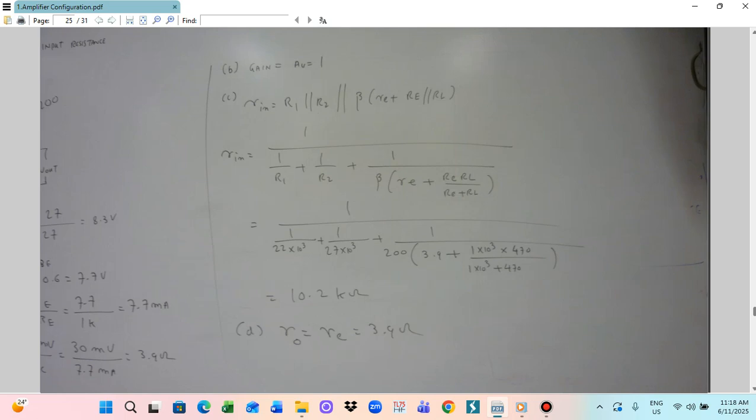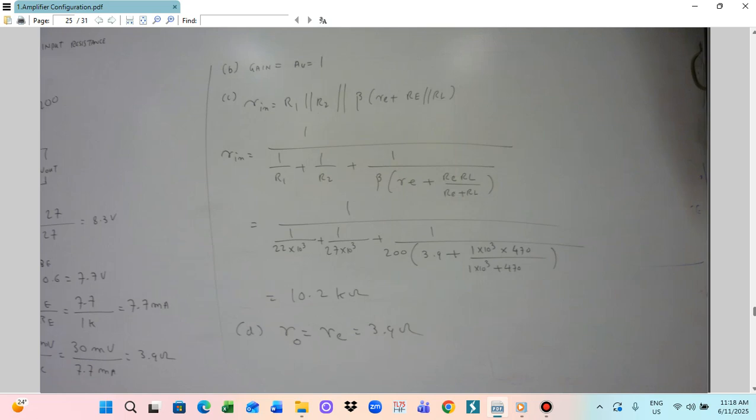Now we write it out: 1 divided by (1 by R1 plus 1 by R2 plus 1 divided by beta times (re plus Re parallel RL)), where Re parallel RL means Re times RL divided by Re plus RL. So this is the equation we solve, and we already know all the values, so we just substitute in the formula.